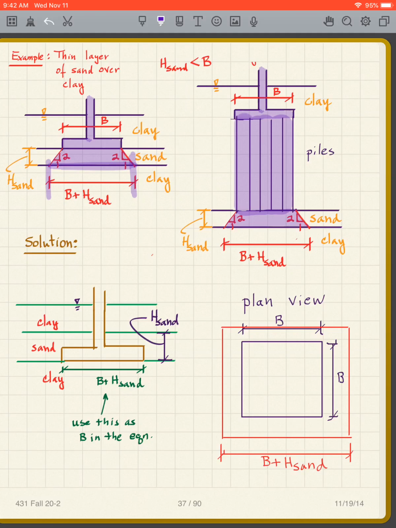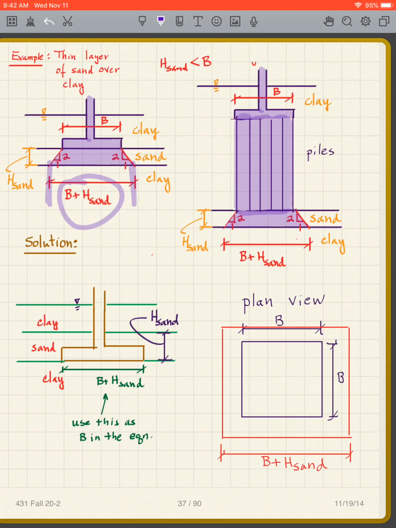Now, because of this 2-to-1, as a rule of thumb, on that side and 2-to-1 on that side, we can calculate this width, and that width ends up to be the width B plus the height of the sand, the H of the sand, the thickness of the sand.